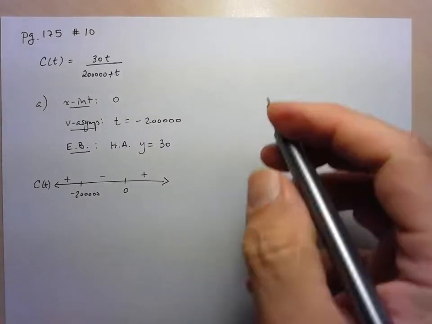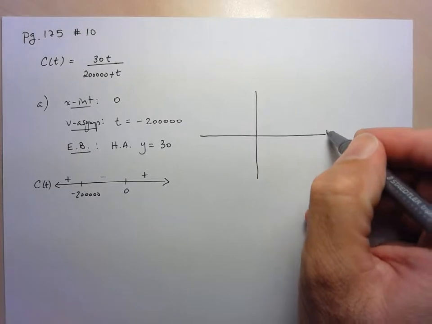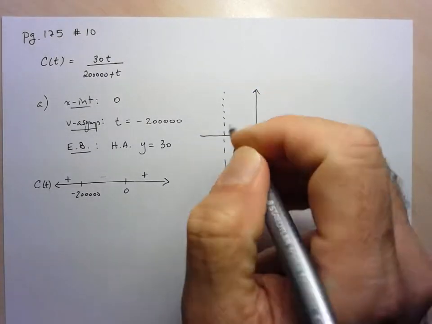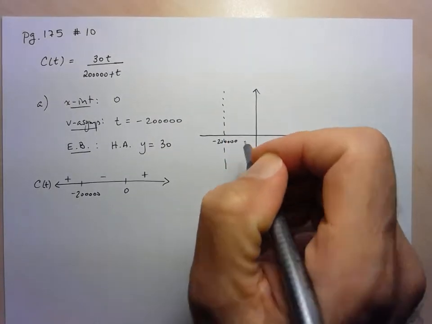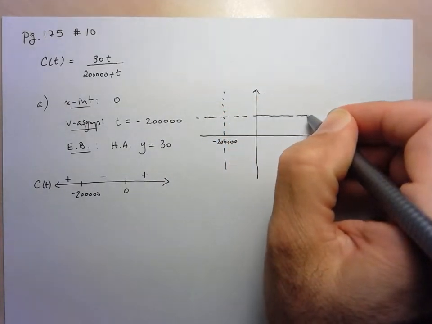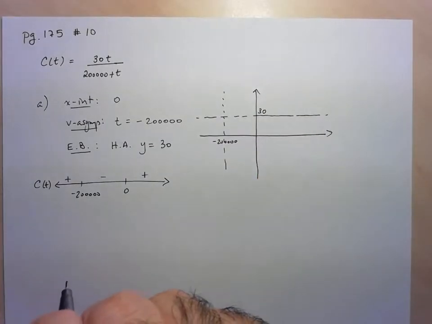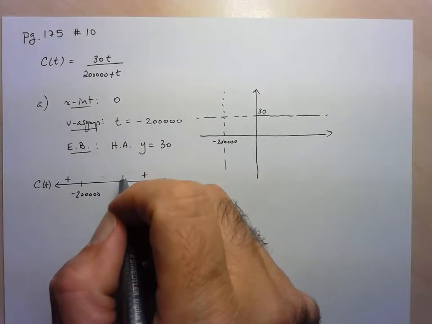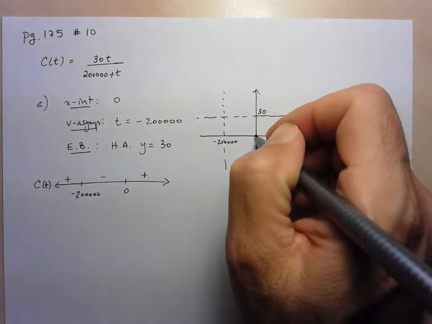So if I wanted to draw this graph, okay, well, I'd have a vertical asymptote at negative 200,000. Okay, I have a horizontal asymptote at c equals 30. Okay, I guess here really I should have said c equals 30, but I used y, that's fine. And we have an x-intercept at 0.